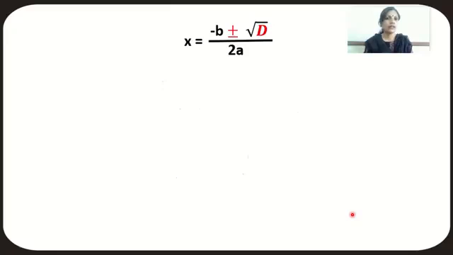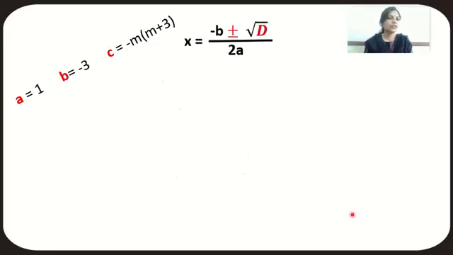And we have written the values of a as 1, b as minus 3 and c as minus m(m plus 3). Let us now substitute the values, and we have also calculated the value of capital D.